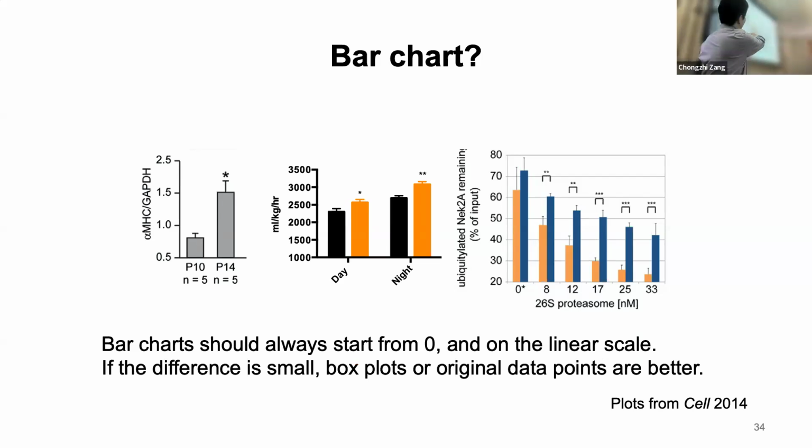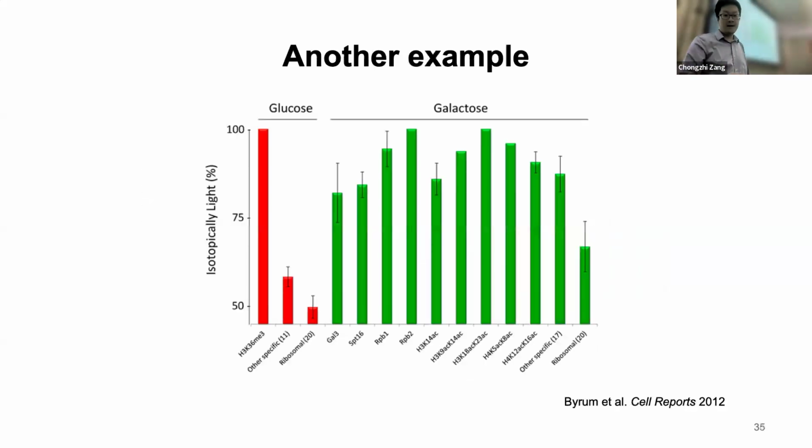If you do not start from 0, it can be very misleading. So in this case, it starts from 1,000. The actual differences are not as big as they look. So a bar chart should always start from 0.